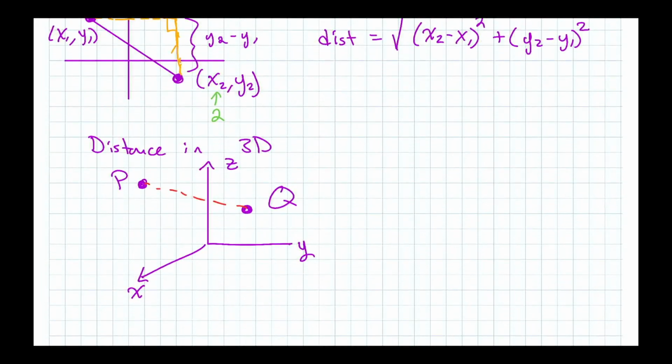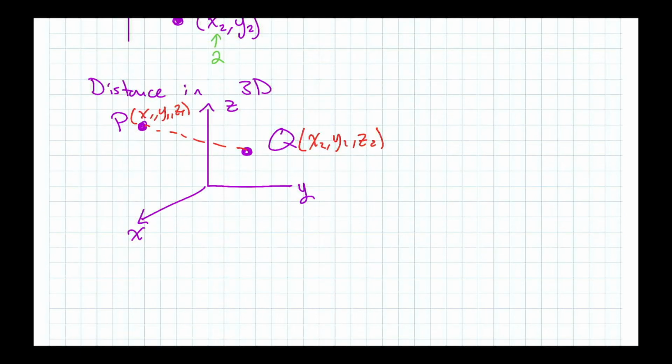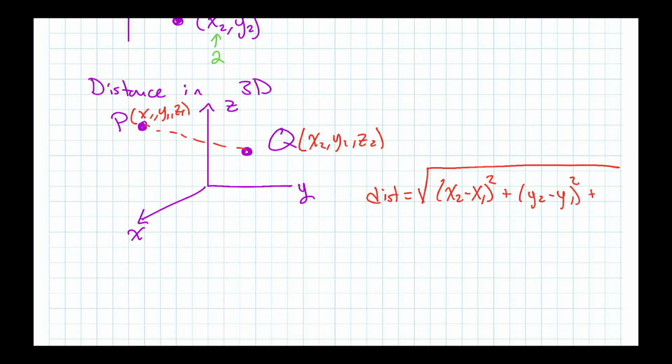It's just going to be, if you've got Q is x2, y2, z2, and your P here is x1, y1, z1, your distance is simply going to be the square root of x2 minus x1 squared plus y2 minus y1 squared plus z2 minus z1 squared.